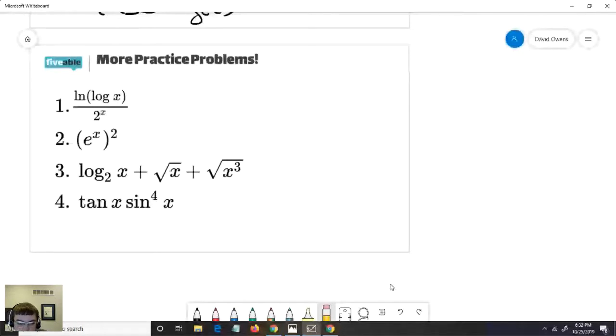Now you can see we can simplify this, but I would like to do this one kind of as it's written here. Obviously, another AP exam tip: if you're going to have to do derivatives, you should always simplify them as much as possible before you derive them, as it'll just save a lot of time for you later.